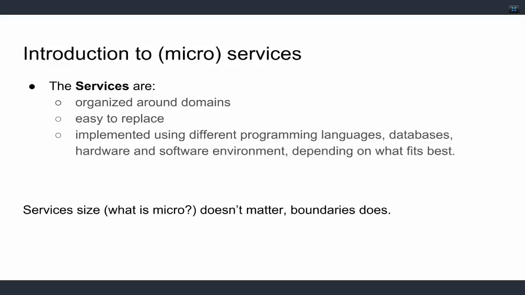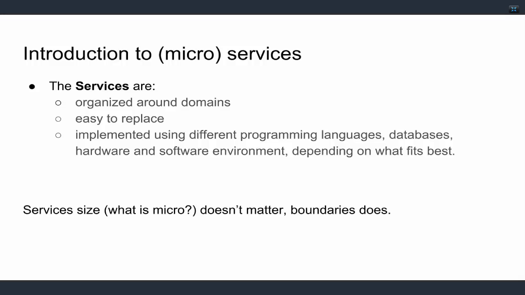So about services. Services are organized around domains. So you can have services for logistics, services for billing, services for accounting, and many others. For instance, you can also think about the user: how are you going to handle the user preferences, and many others.